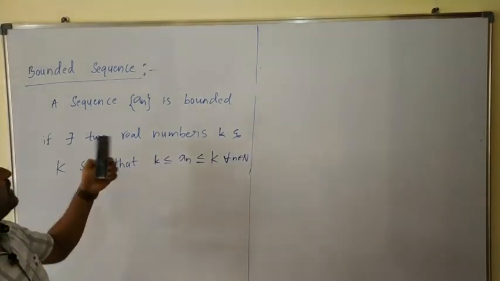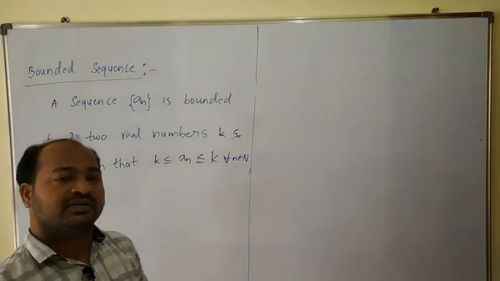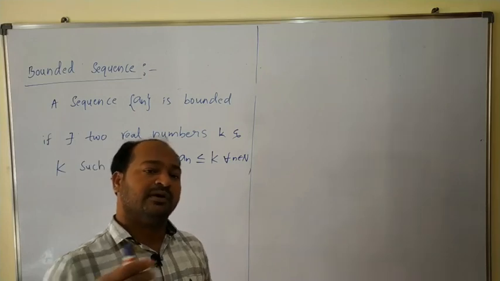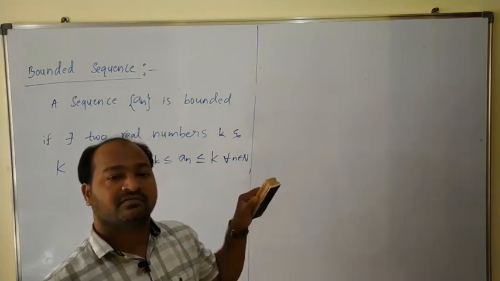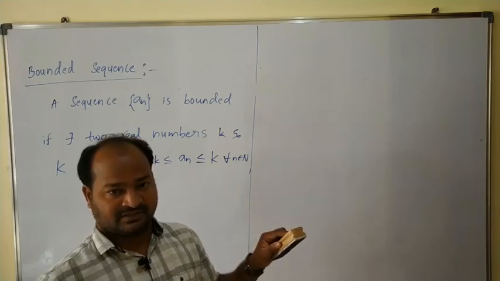Next, bounded sequence. If the given sequence is both bounded above and bounded below, then such a sequence is called a bounded sequence.